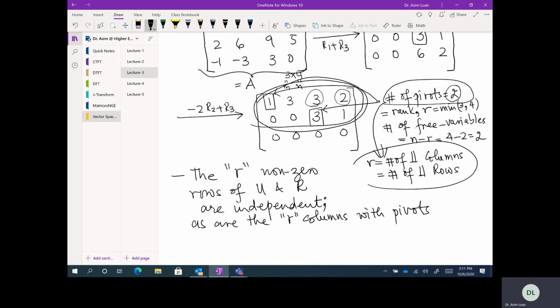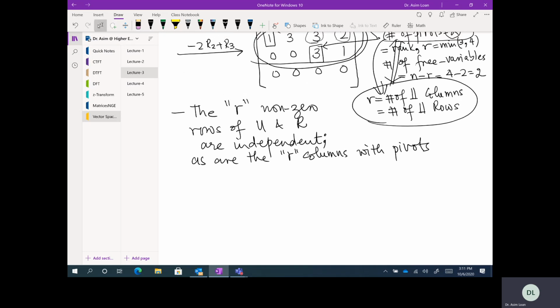That's why we have written this one is equivalent to this one. Both are the same. Okay. So to check independence of columns, this is what you want to do.